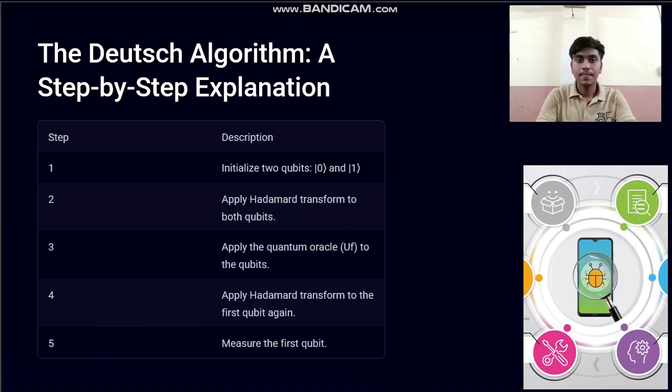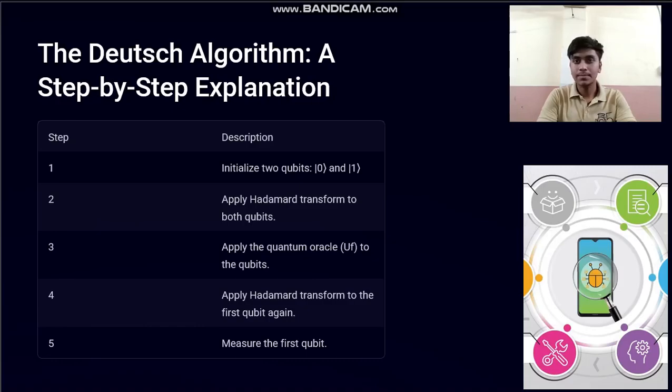The Deutsch algorithm, step by step. Now, let's break down the algorithm into five main steps, which are initialization, Hadamard transform, quantum oracle, Hadamard gate, and measurement. We start with two qubits in the state |0> and |1>. Then we apply the Hadamard gate to both qubits, putting them into superposition.